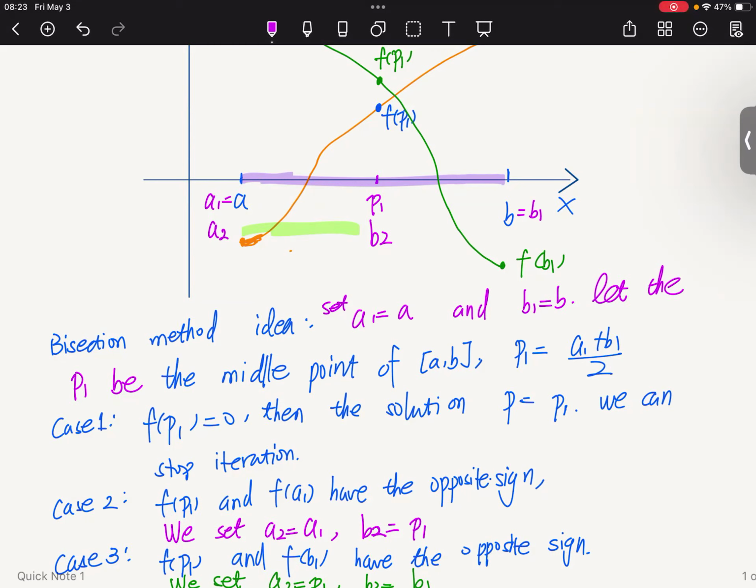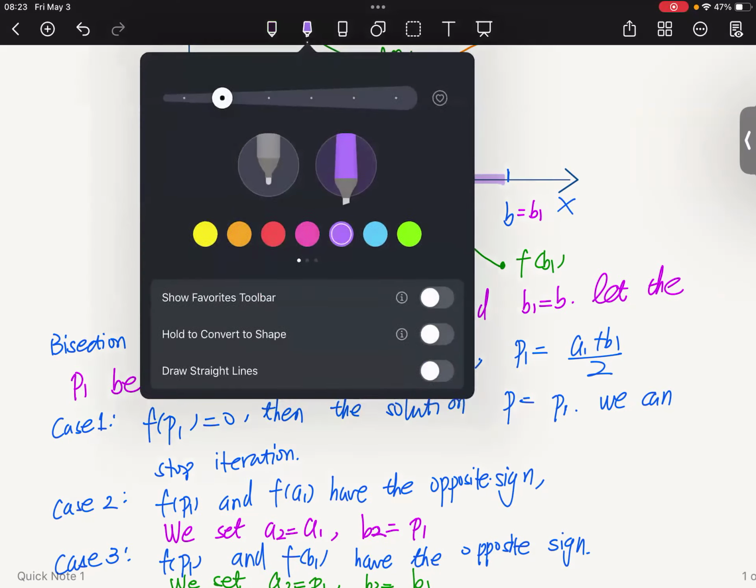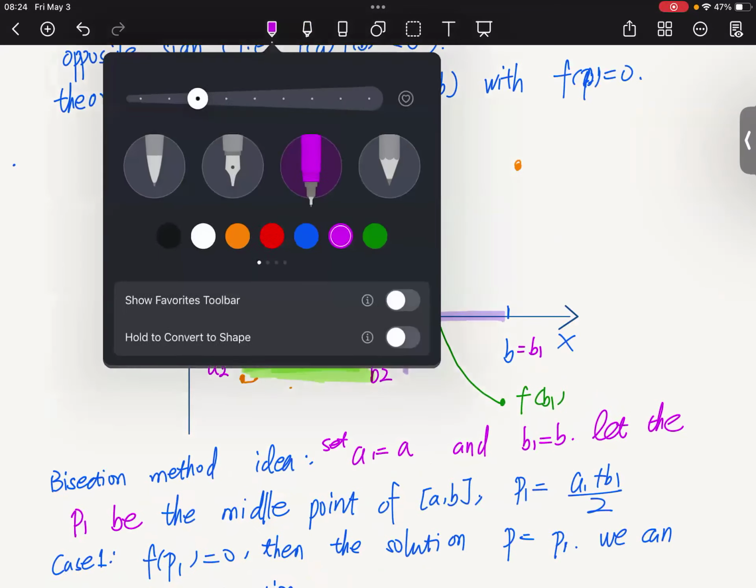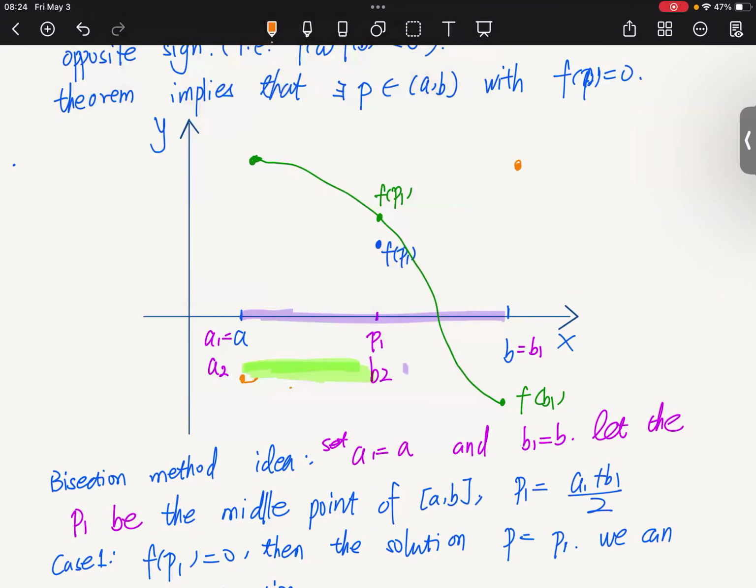The next part is to keep doing the iterations in this green part, and then maybe you would get a smaller interval. Let me perform the next part for you, and maybe give you a better function to demonstrate the idea.